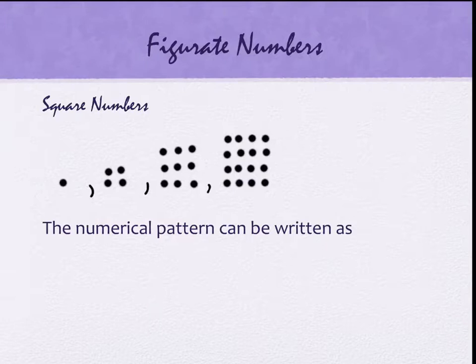I suspect you could tell me what the next shape should look like. What's this supposed to look like? A 5 by 5. Yeah, exactly. Good. If I were to create numbers to represent these, what would they be?